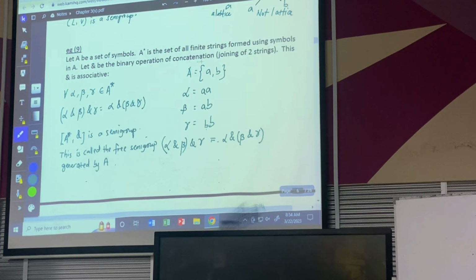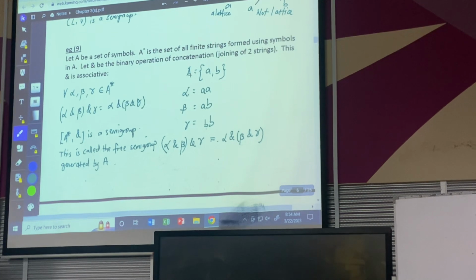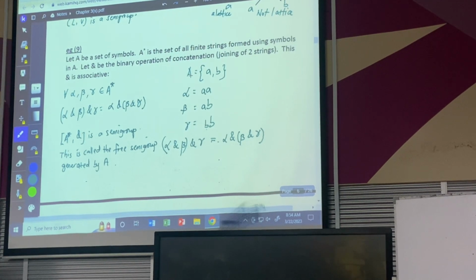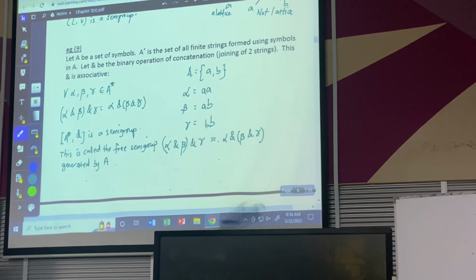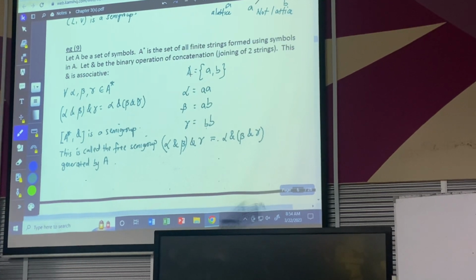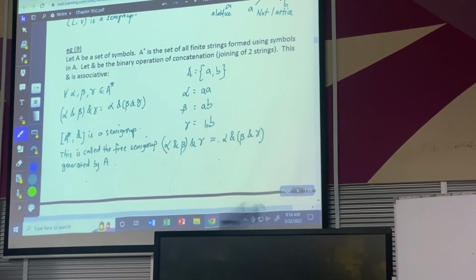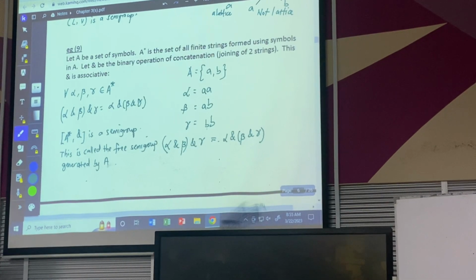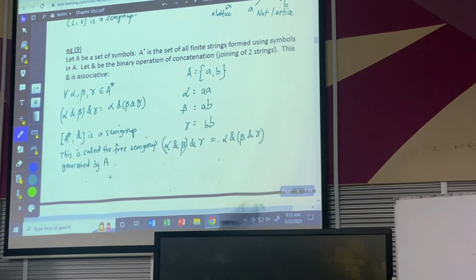This one is the word. So it is still the same concept like the semigroup. The only thing we have is we will have a specific name for the joining of the string. We can call this as a free semigroup. Okay? Only the name a little bit different.